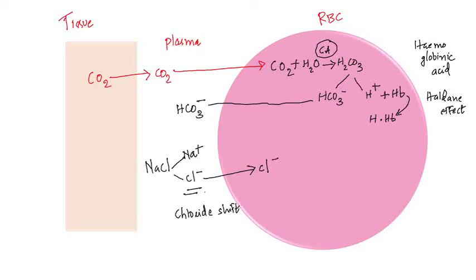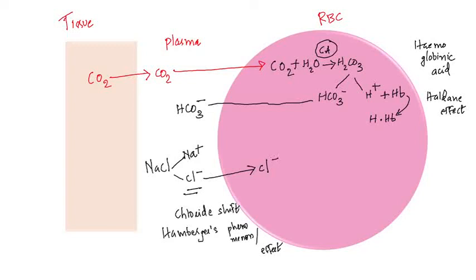Because the chloride ion has shifted from the plasma into the RBC in order to compensate for the loss of a negatively charged ion, that is the bicarbonate ion. This chloride shift phenomenon is also known as Hamburger's phenomenon, or Hamburger's effect.